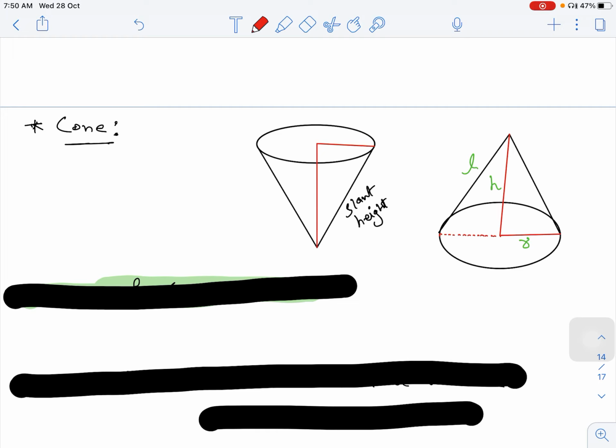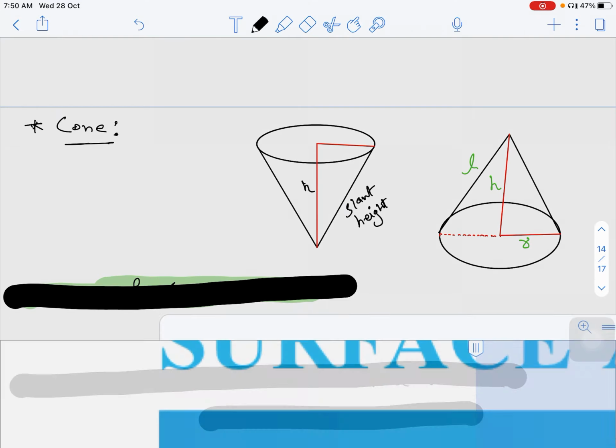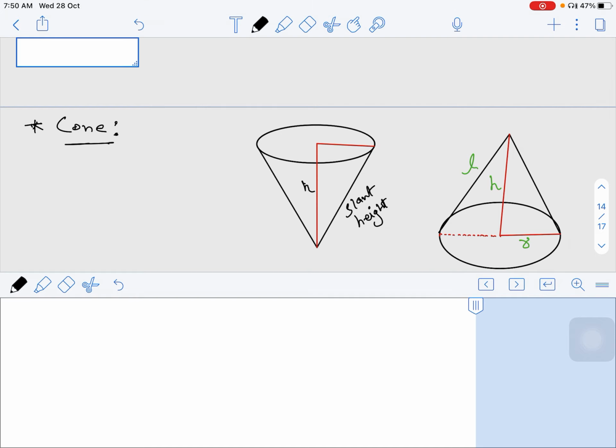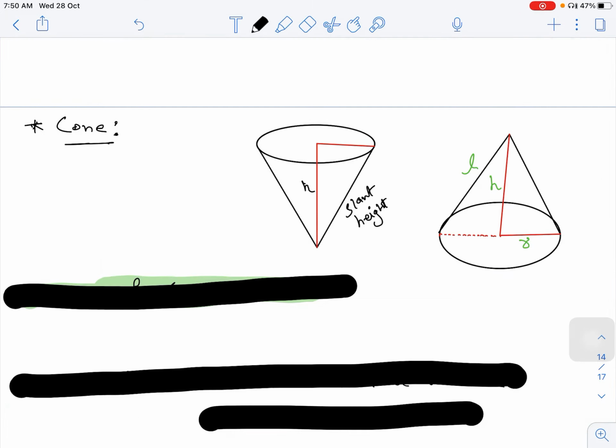Now remember that this height is known as the perpendicular height and is given by h. The slant height, that is this height, is given by l, and the radius is given by r. If you turn the funnel upright, you will get it in this way.